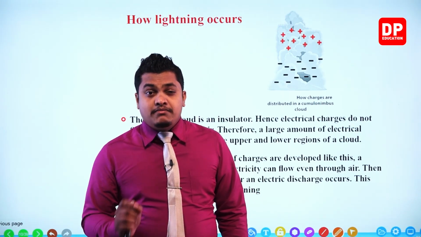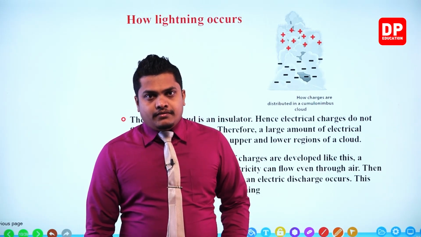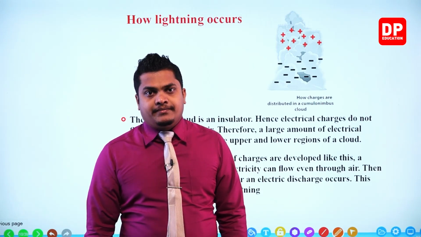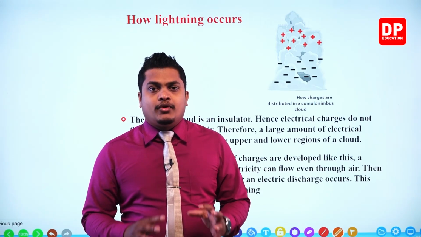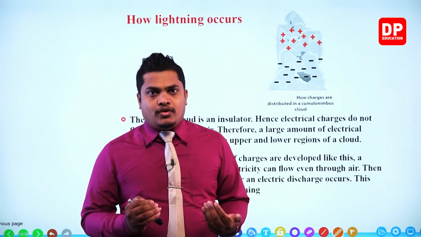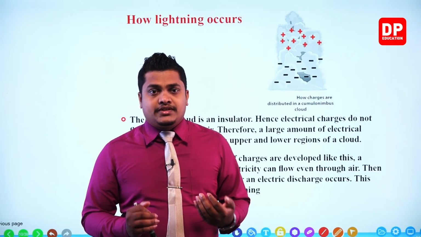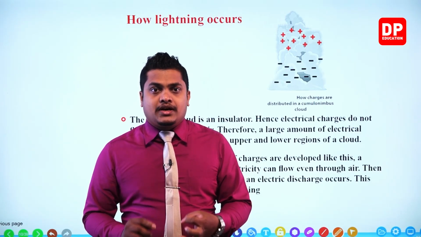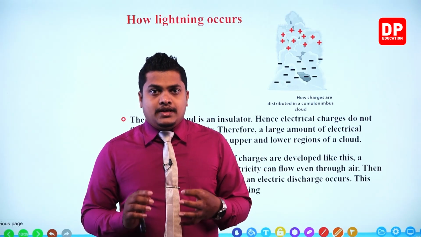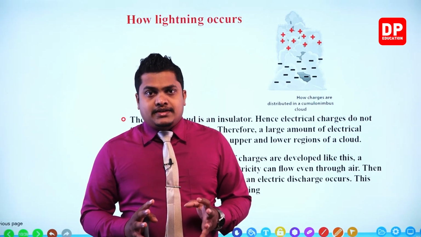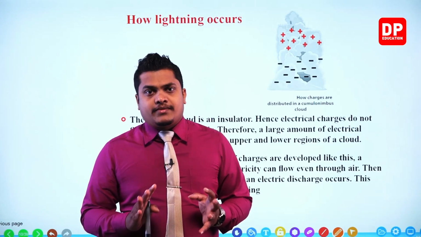So it's very important to be safe from lightning, especially during these intermonsoonal time periods. I hope that you got the idea of lightning, how lightning occurs in our environment, and in which months lightning occurs more frequently in Sri Lanka. By discussing that part, I'm going to finish up this chapter.